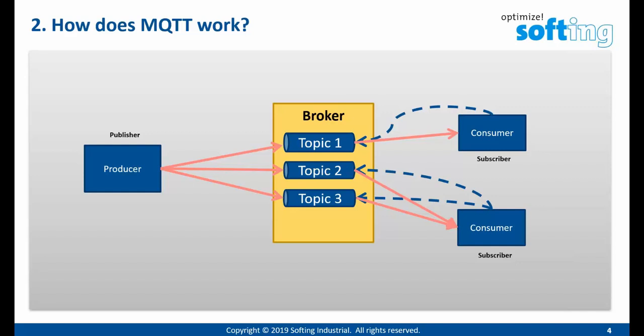On the right side we have the subscribers, which are interested in that data or only specific data, and if they want to receive that data they can make a subscription, and the broker will send the data to the subscribers as soon as they are available.